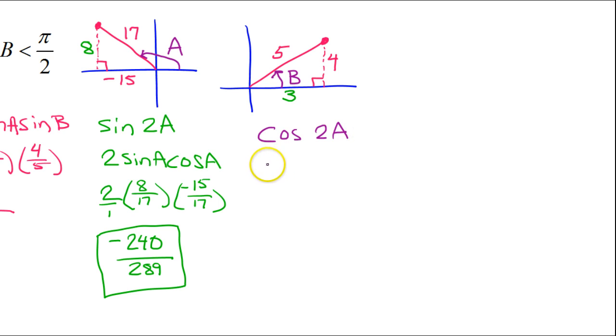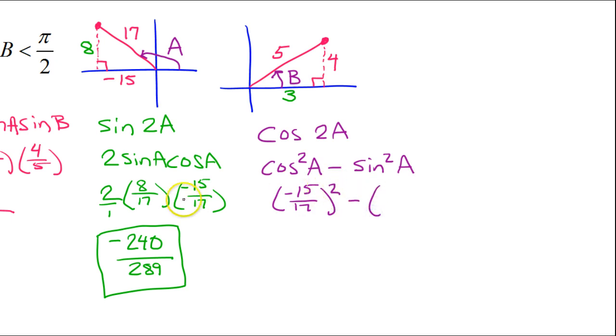Well, according to the formula, this should be cosine squared A minus sine squared A. Alright, we just are to memorize that. So cosine A, that was negative 15 over 17, and that's to be squared. Sine A was 8 over 17, and that's to be squared.